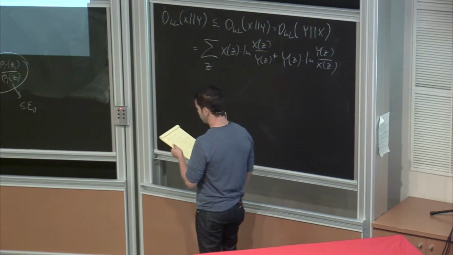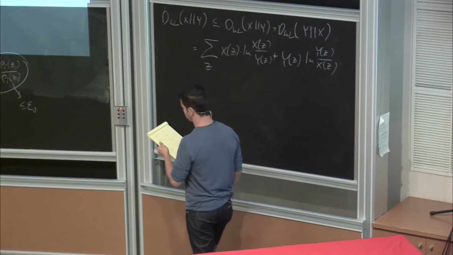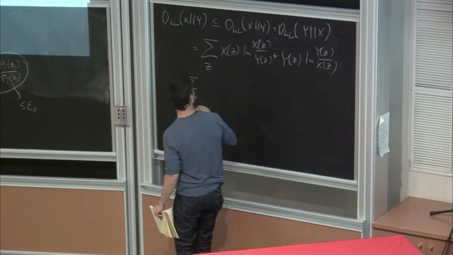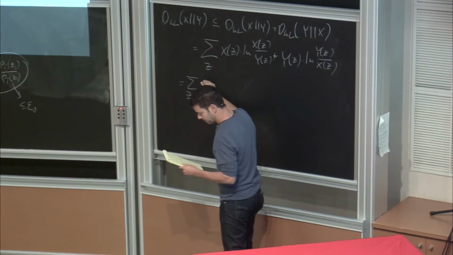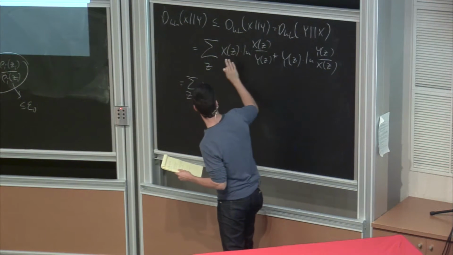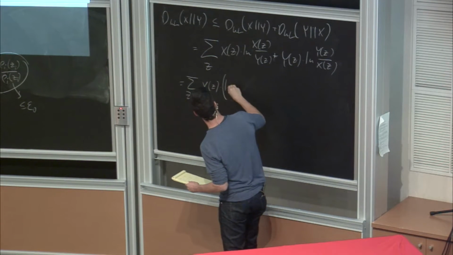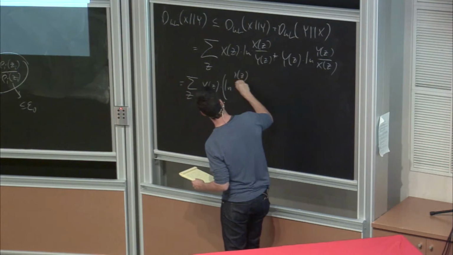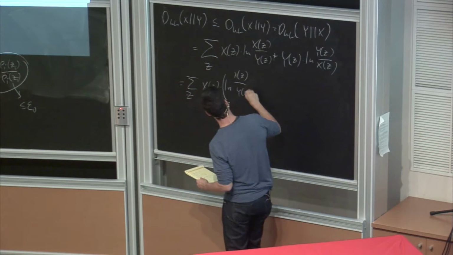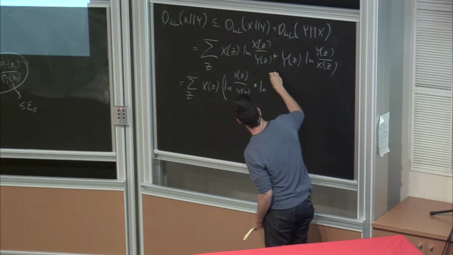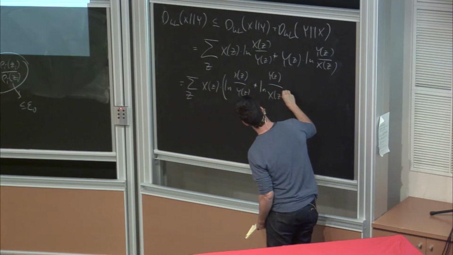Okay, now I'm just going to do some simple manipulations. Basically I want to get rid of this term. So I'm going to add the log of y of z over x of z.